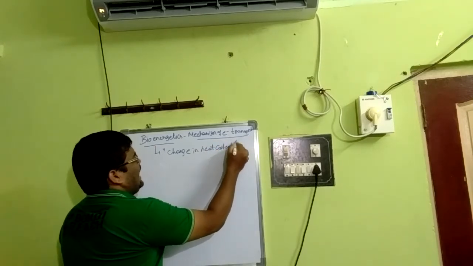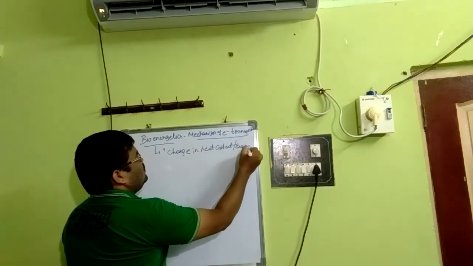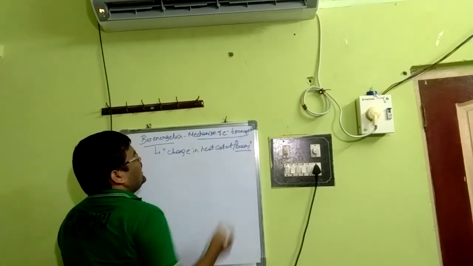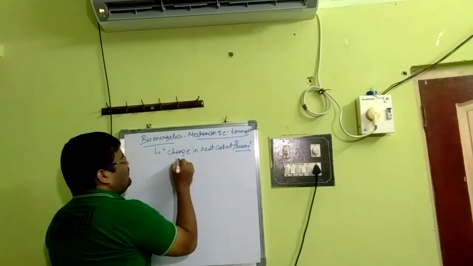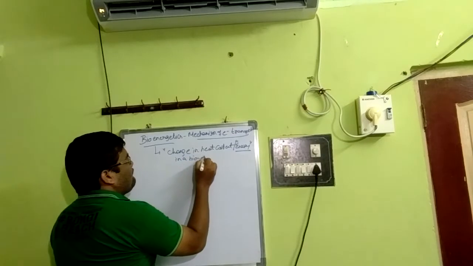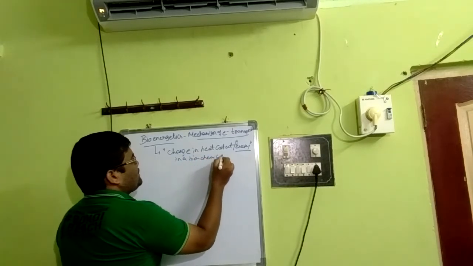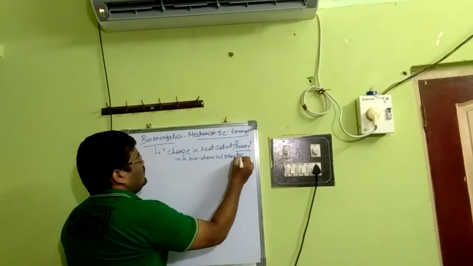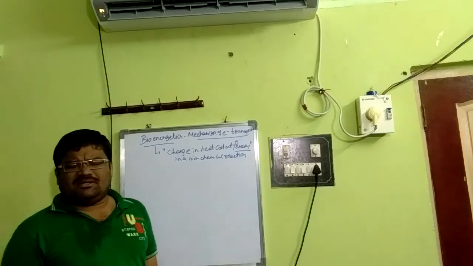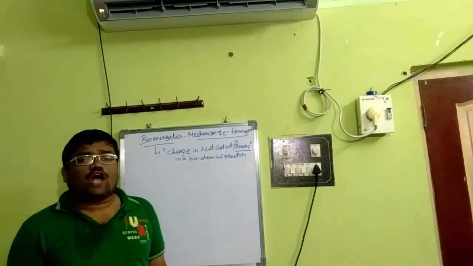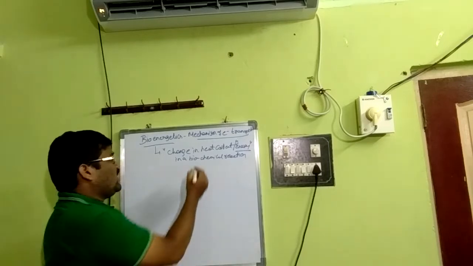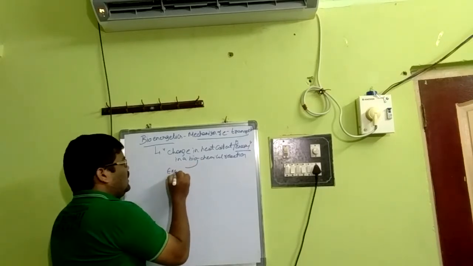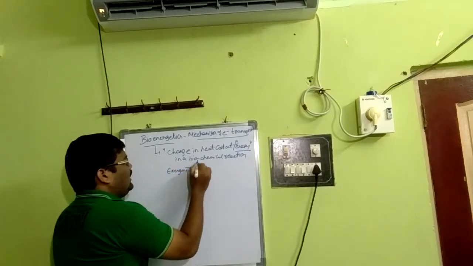That means actually energy, broadly change in energy in a biochemical reaction. How is the energy changed in case of a biochemical reaction? For example, there are two kinds: exergonic and endergonic.